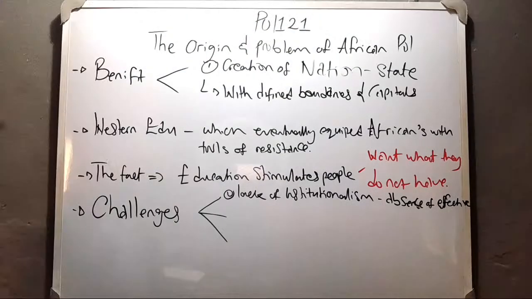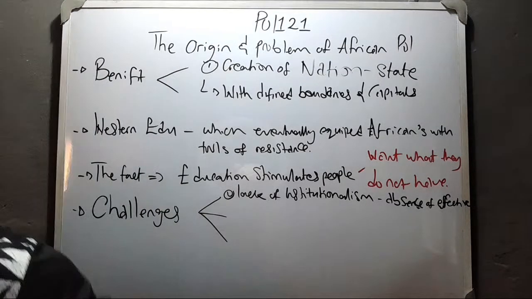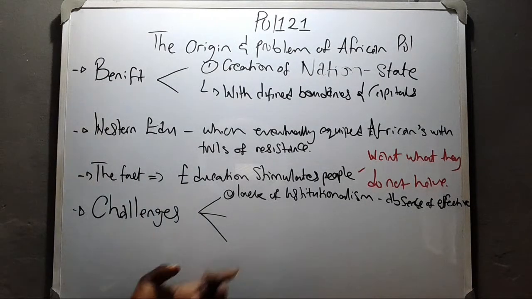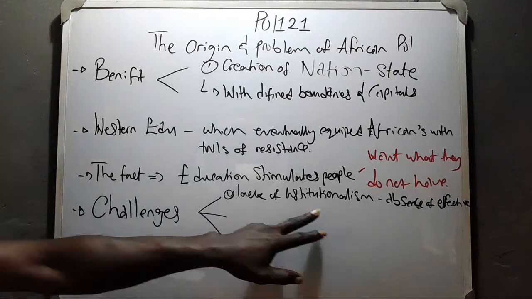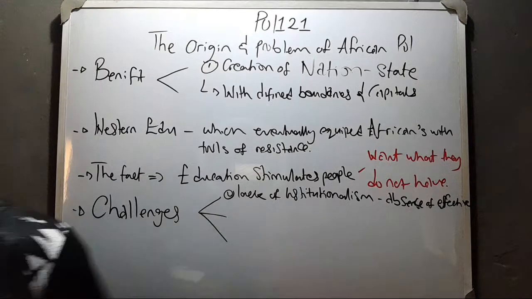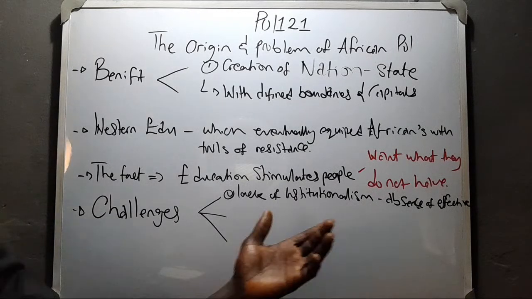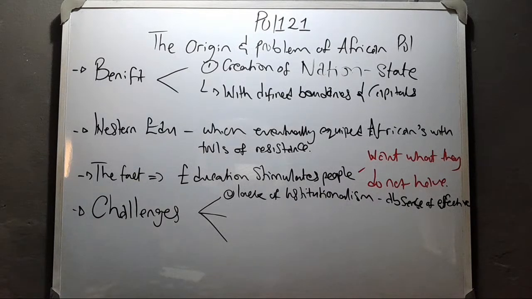As a result of this intrusion of the colonial masters, it posed the challenge of institutionalism, which is the absence of effective political institutions. Political institutions were not effective because there was a lack of cooperation.